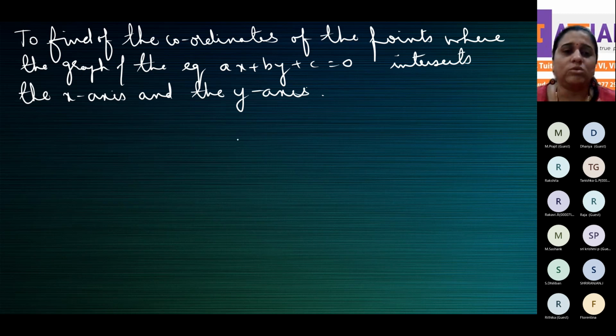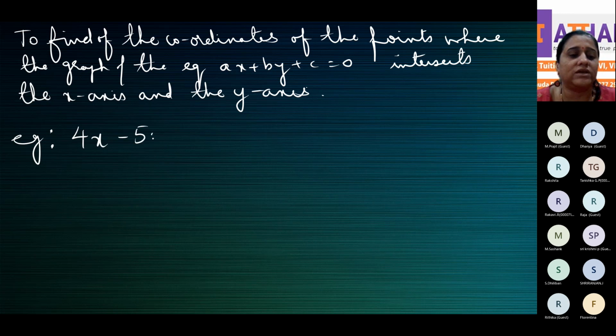So now let's understand how to find the coordinates of the points where the graph of the equation ax plus by plus c is equal to 0 intersects the x-axis and the y-axis. Now consider the equation 4x minus 5y is equal to 20.